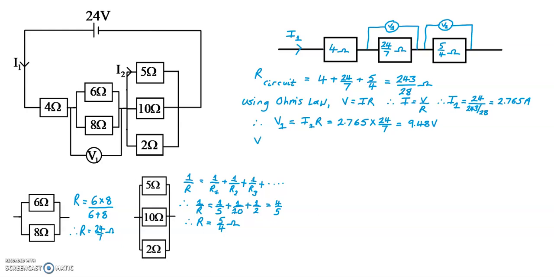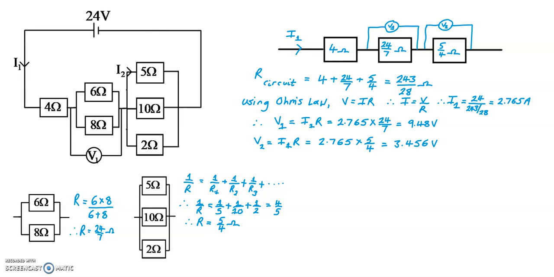So V2, again applying Ohm's law, equals I1 times R, which equals 2.765 times 5/4, to give the voltage across that resistor of 3.456 volts.